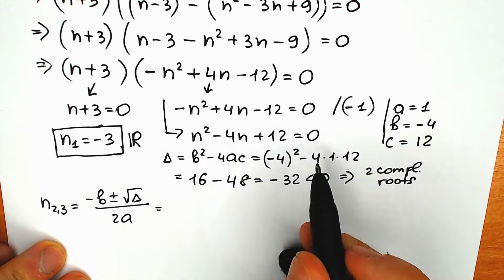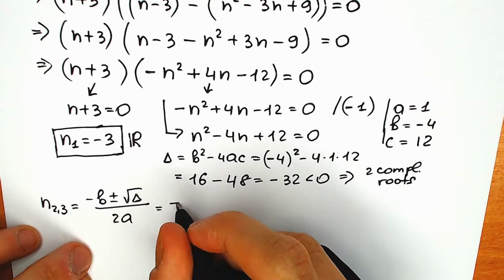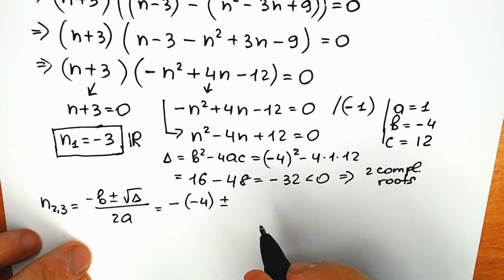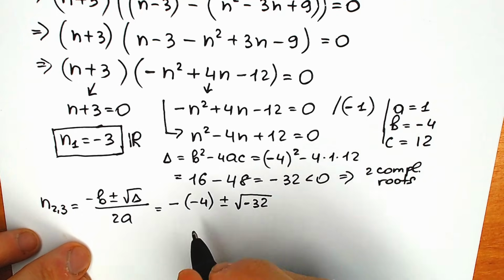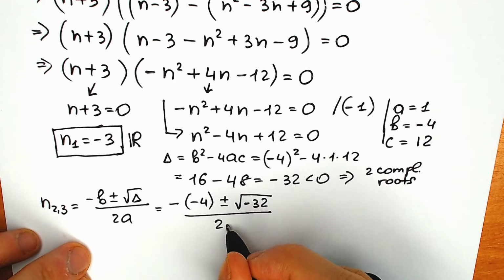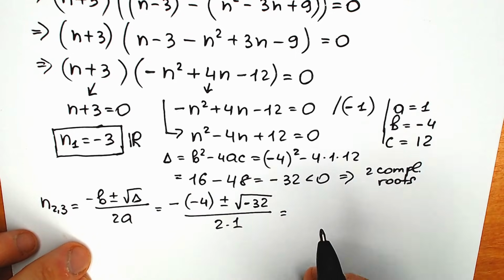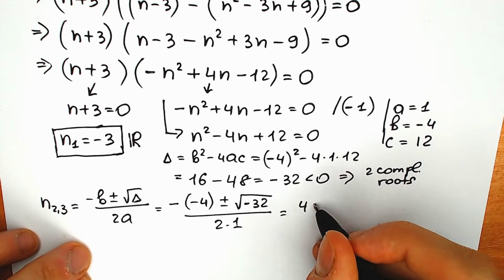Let's plug each of these elements into this spot. So minus b, minus minus 4, plus minus square root of discriminant, so square root of minus 32, and all over 2 times 1.